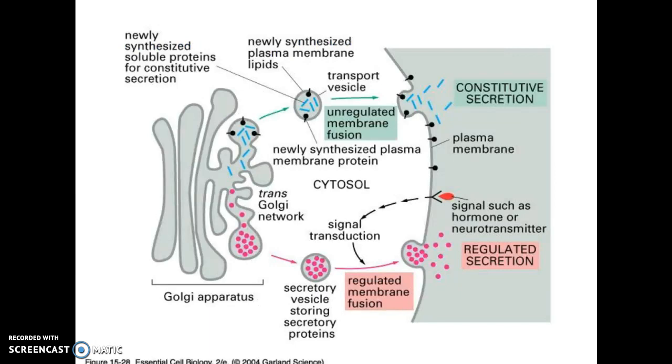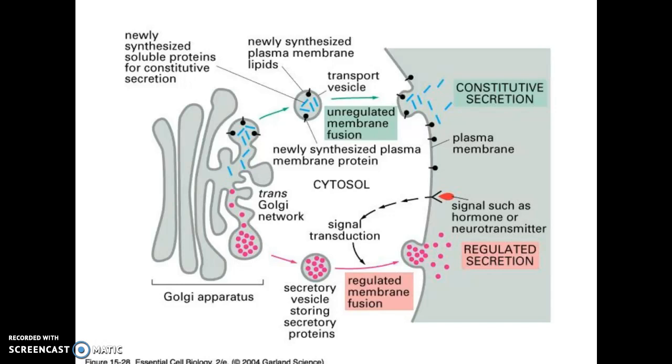So there's basically two pathways. The unregulated, this would be for things like extracellular matrix proteins or proteins that are regularly made and secreted.